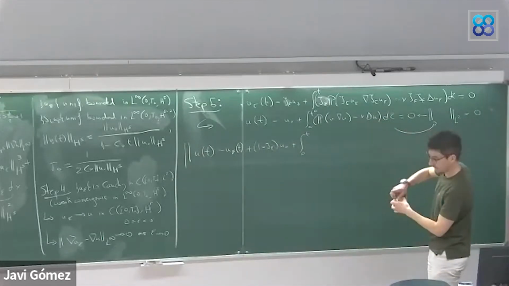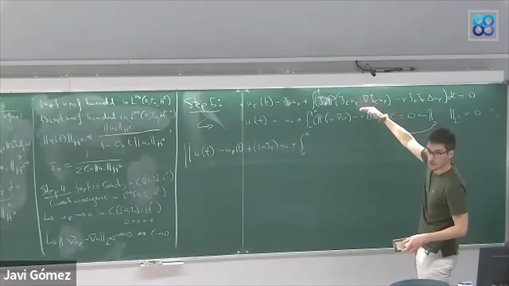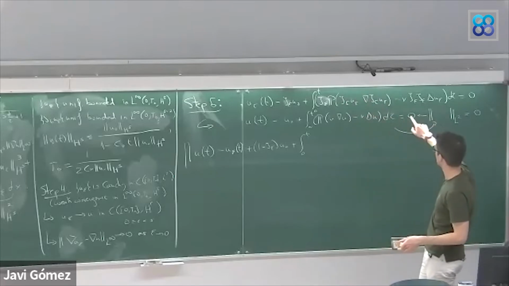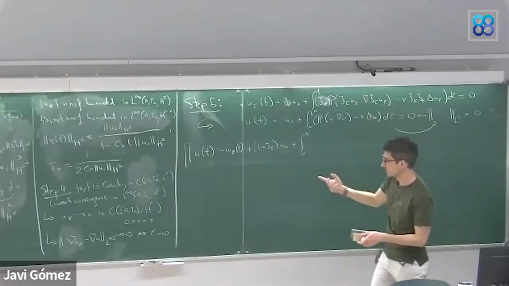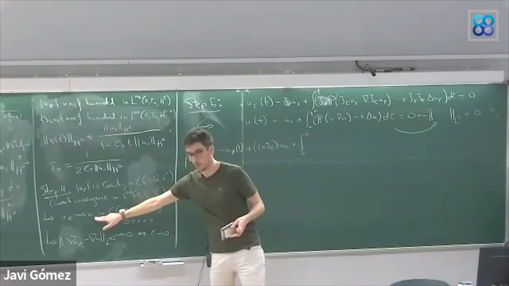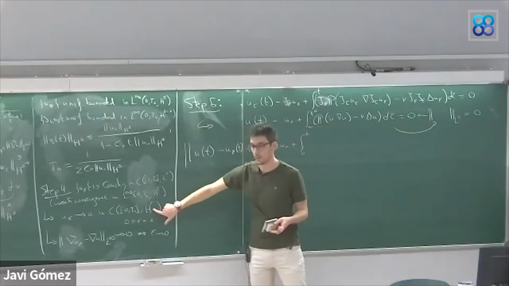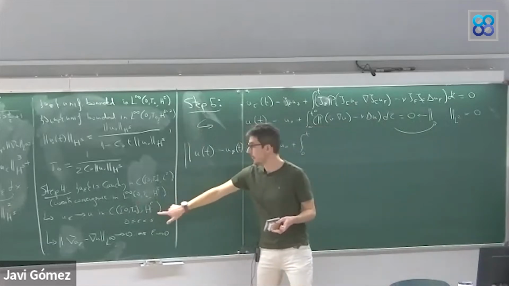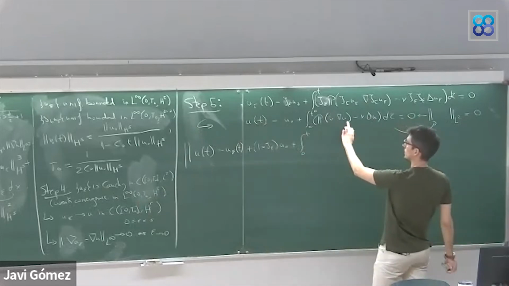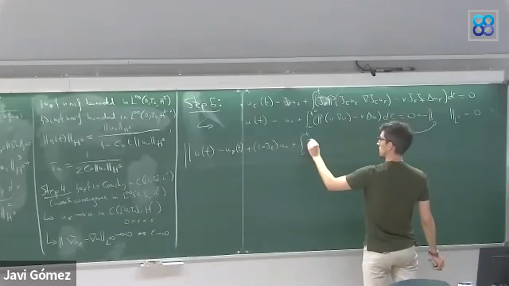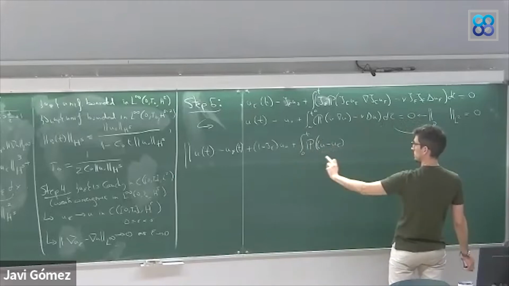And now I have to do the difference, so many terms of this minus this one. To get that everything goes to 0 when epsilon goes to 0, I will use basically two facts. One, this strong convergence here. So every time that we have a term like u minus u epsilon, we use this convergence to show that it goes to 0. And then we also have to use the mollifier. So for example, let's start doing all these splittings. This is something nice for the strong convergence.